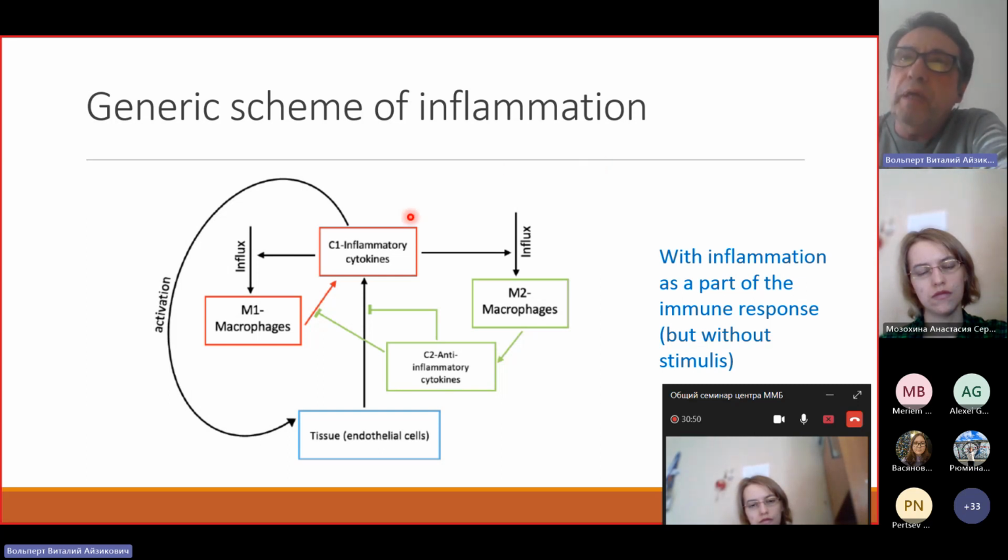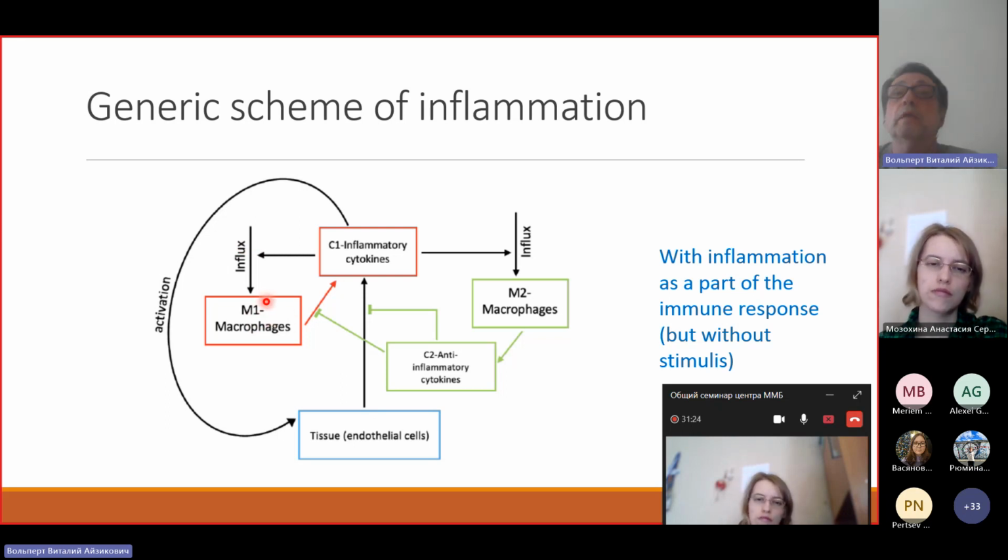So in this inflammatory part, we have pro-inflammatory macrophages, which produce inflammatory cytokines. These inflammatory cytokines activate, well, it is written here the endothelial tissue, in the case of atherosclerosis, but in general some tissue, and this activated tissue also produces even more inflammatory cytokines and attracts even more M1, meaning inflammatory, macrophages.